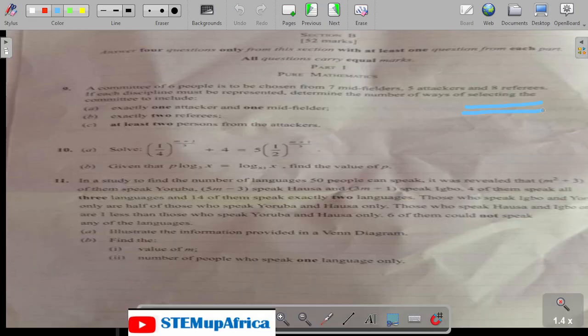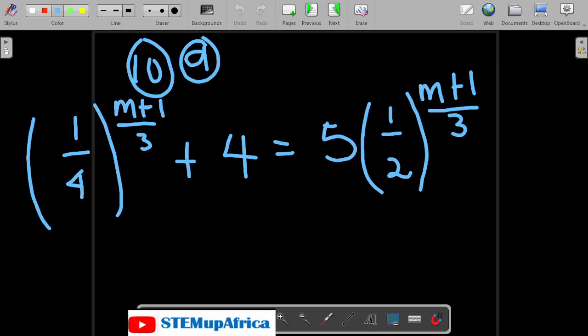We are asked to solve. To solve means to find the unknown. Mind you, our n is our question mark in this regard. I'm looking for n.